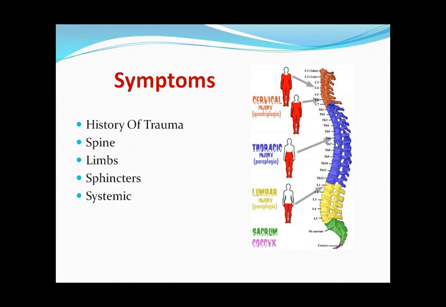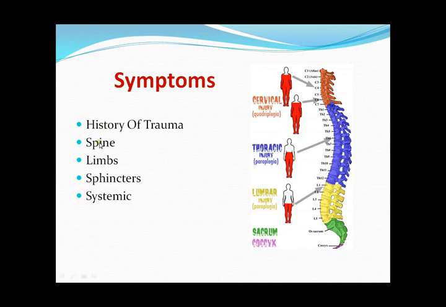Whenever we are taking history of such patients, we should ask about these things. One is history of trauma: whether there is a road traffic accident, a fall, assault, firearm injury, or any other cause.